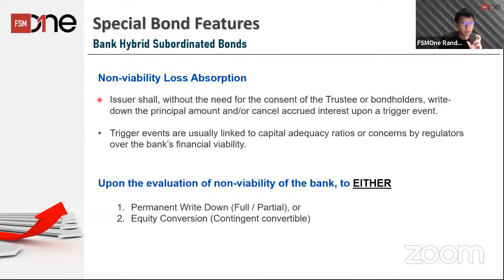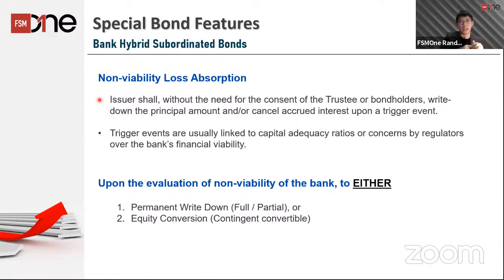They normally define it as the issuer shall, without the need for the consent of the trustee or bondholders, write down, meaning cancel the principal amount or cancel the accrued interest, upon a trigger event. Meaning if there is any event stated in the prospectus that triggers, then they will have to cancel the bank subordinated bonds.